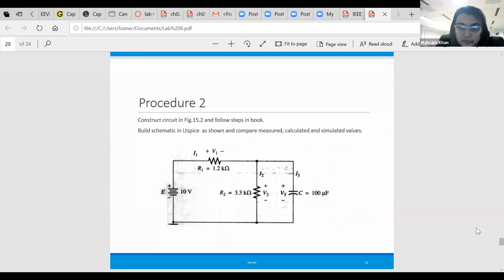Let me share my screen again. In procedure 2, once the circuit is open, the voltage across V2 is the same voltage that will appear across VC. So V2 is R2; this is the divider circuit when the C is open.